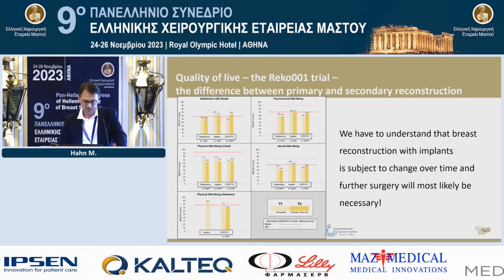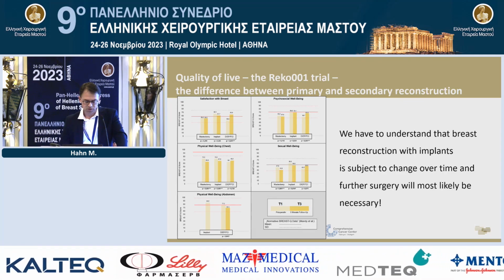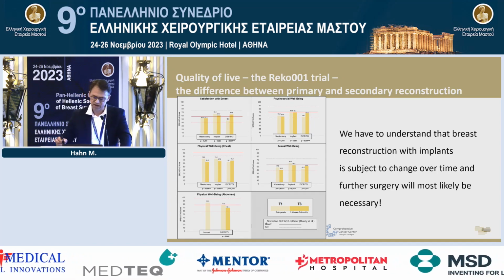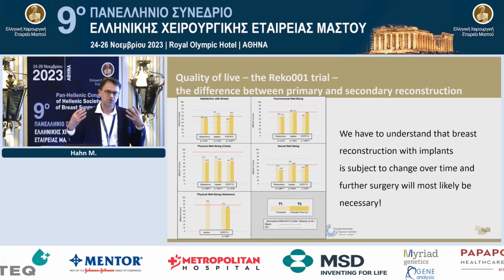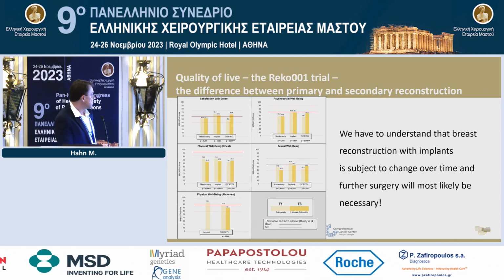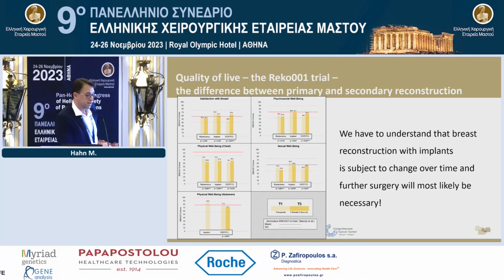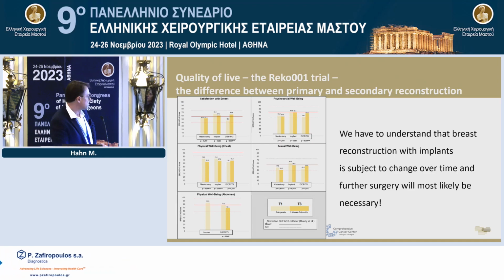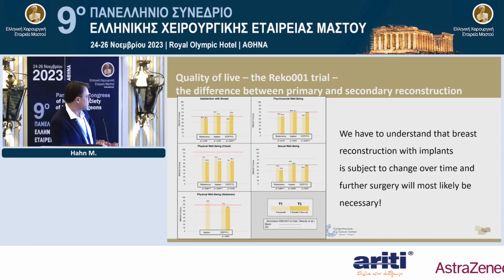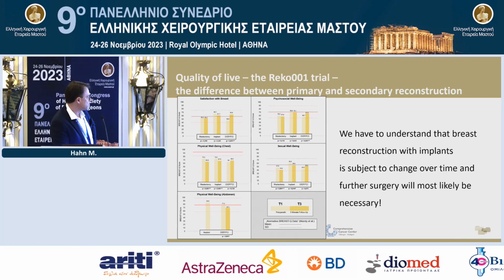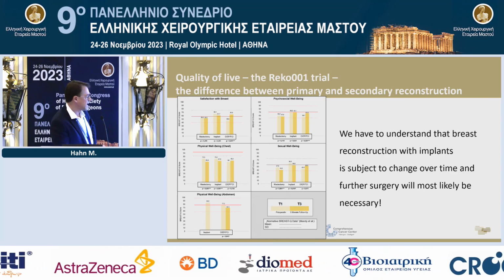It's the quality of life measured with BREAST-Q, and there is something very interesting that I want to point out, and it gave me a new idea of what I have to understand. If you look at the satisfaction of our patients with the breast after 6 months, for the patients who received an implant, the satisfaction is reduced, while getting a DIEP flap or an autologous reconstruction with an FCI is elevated.